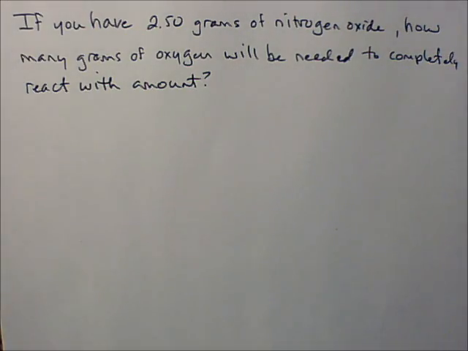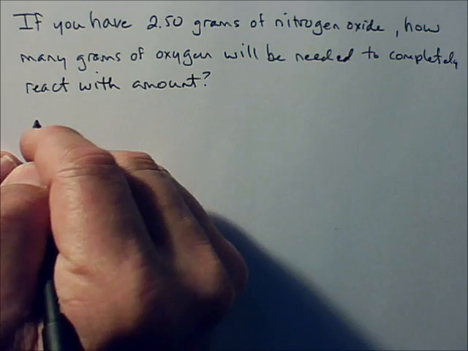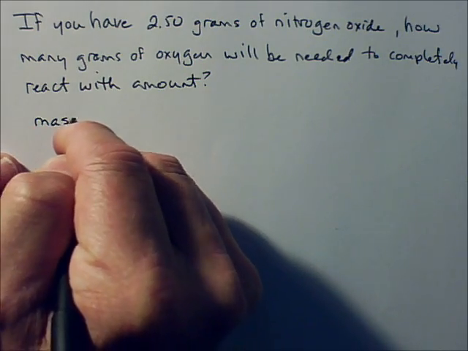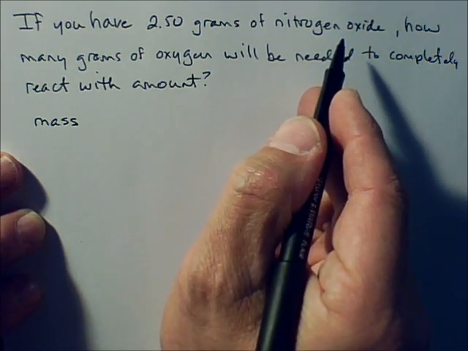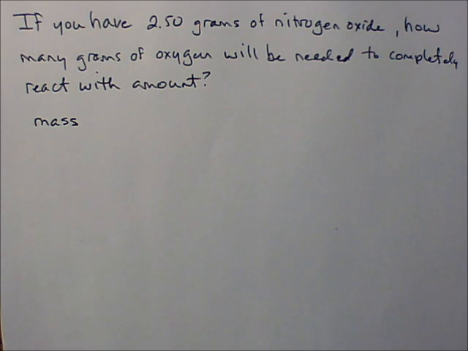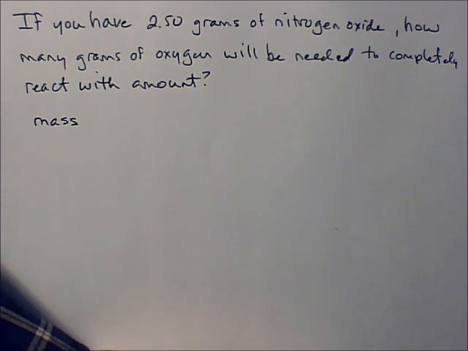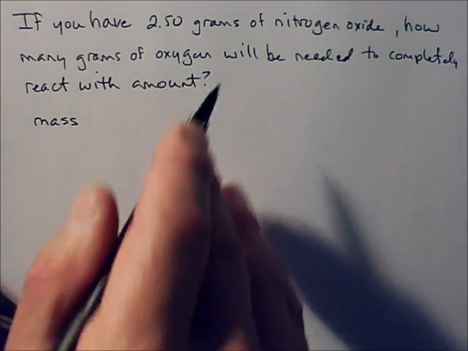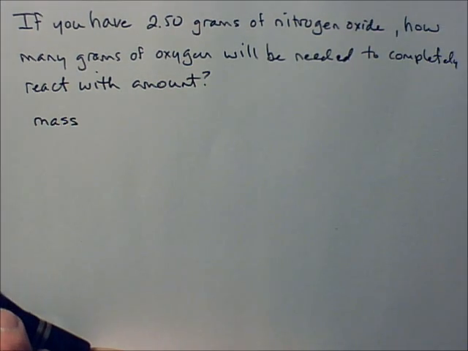So what we're doing in this problem, let's make a map of our solution. We're going to go from the mass. Anytime you're going from one species to another, and that's what we're doing here, we've got to have a balanced chemical equation.